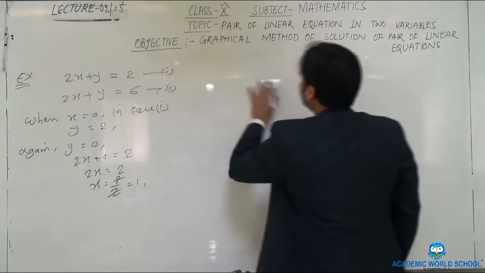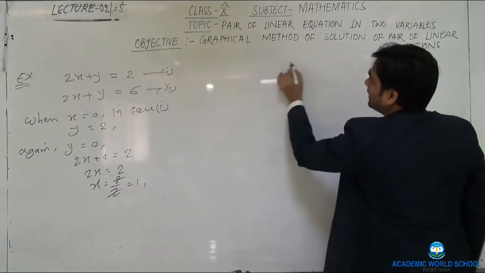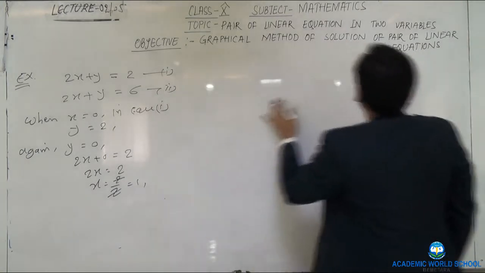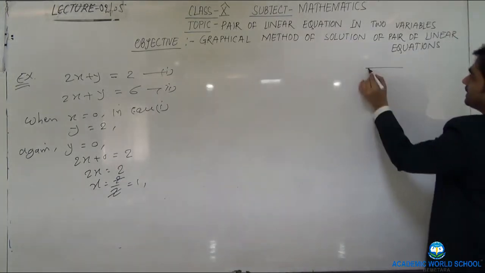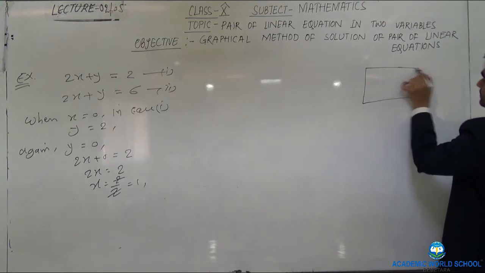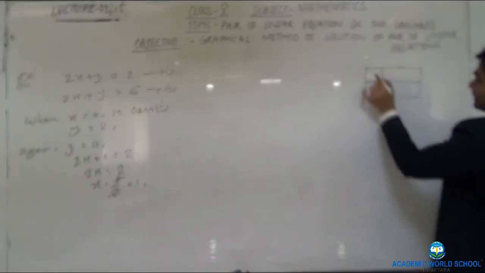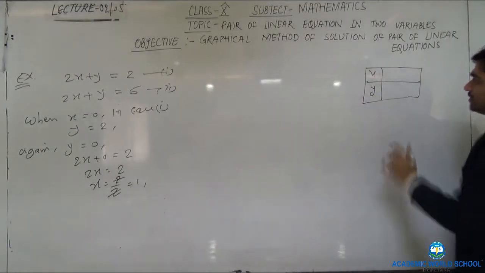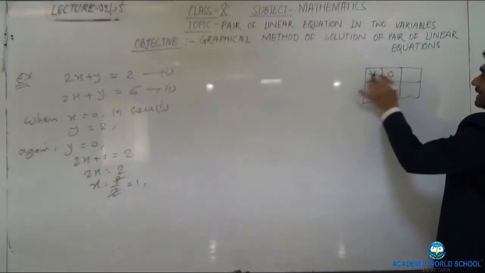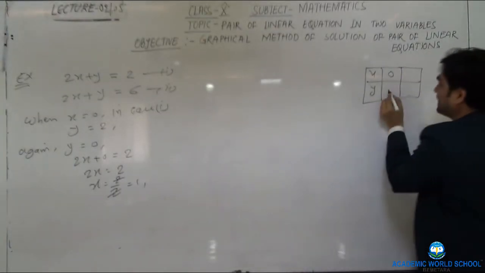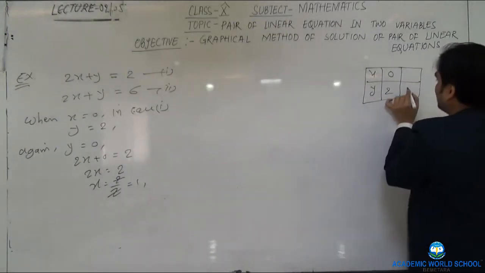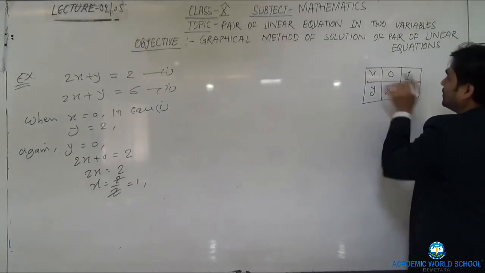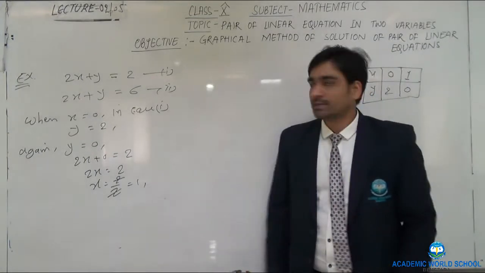Now write this solution in the table. See the solution of the first: value of x with respect to the value of y. When we have taken x equals to 0, the value of y is 2, and when y is 0, x is 1. This we have solved.